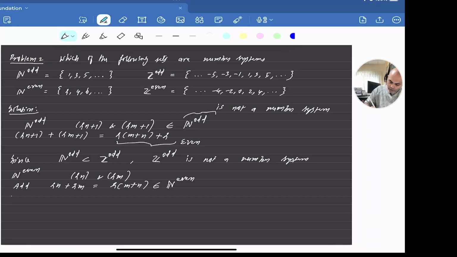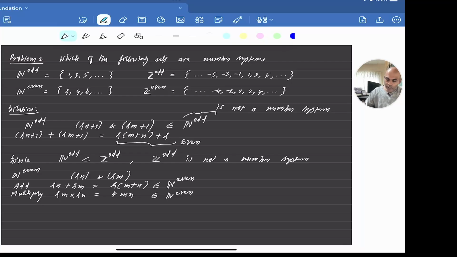Similarly, if you multiply these two numbers, 2m times 2n, you get 4mn, which is also an even natural number.